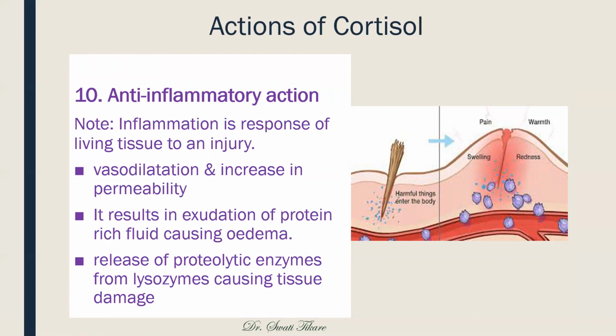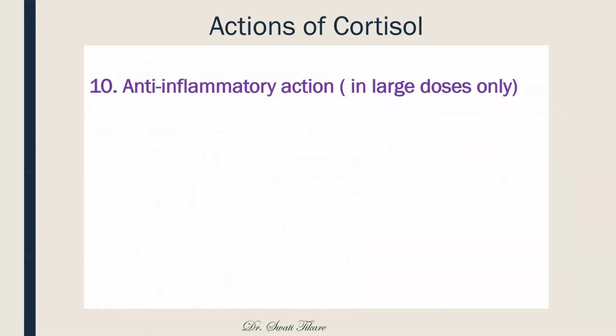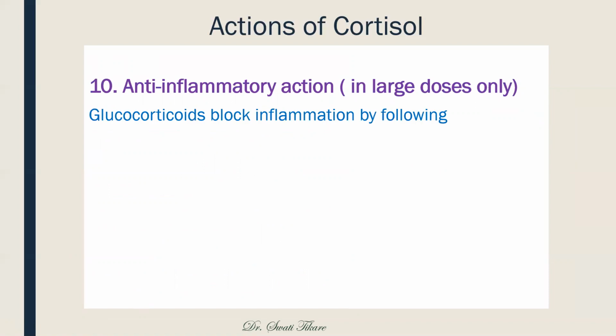But sometimes there is long-standing inflammation, even in the absence of, or for small triggers, what we call inflammatory diseases, where we want to remove that inflammation. That is when the anti-inflammatory action of the cortisol becomes useful. Okay, the anti-inflammatory action is found only when it is given in large doses, and it is not found at the normal level.